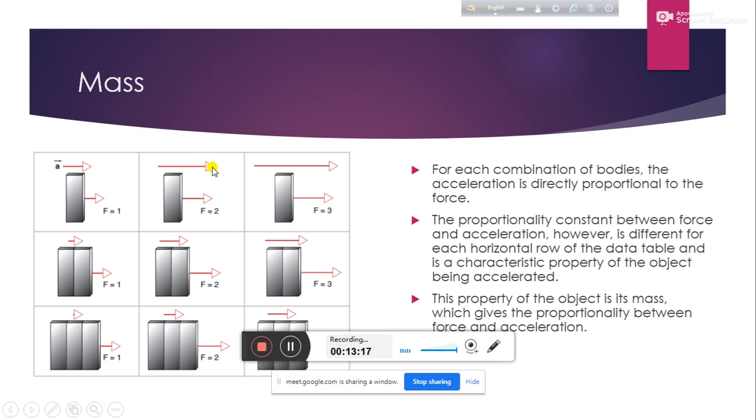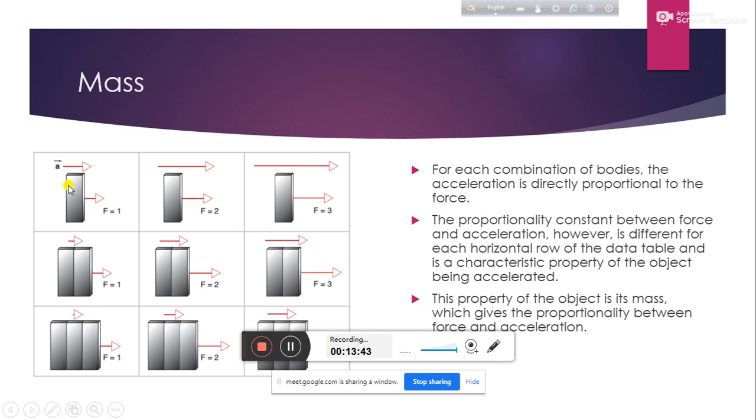So this arrow is of larger length, and when it is the third unit of force, the arrow is larger still. So in a row, what is our observation? In a row, if you move rightward, the force increases, and the acceleration also increases. So with the increase of force, the acceleration increases.